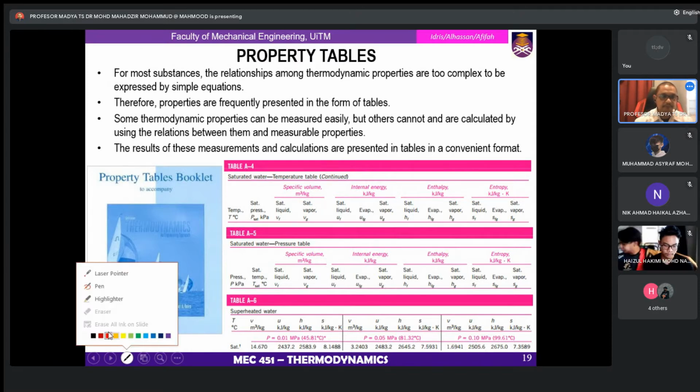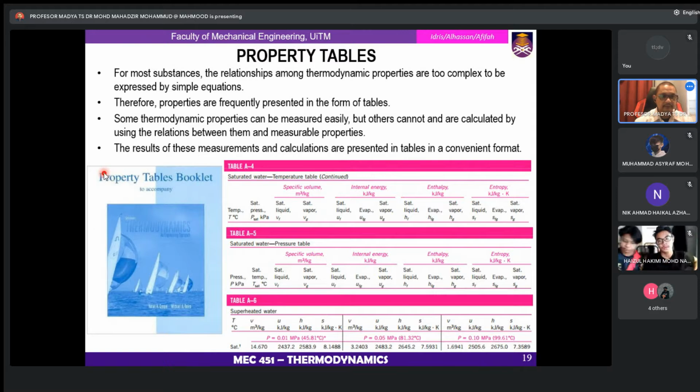As you see at the left of this slide, this is a properties table booklet, and it comes from the author Cengel. Actually you can download this properties table booklet from UFuture in my course MEM 462.